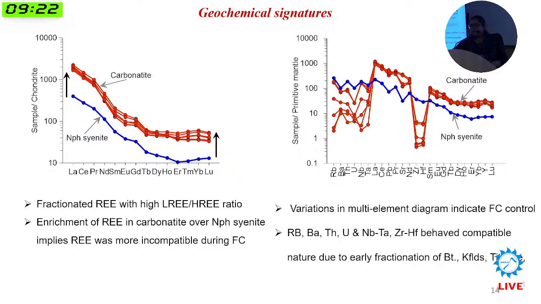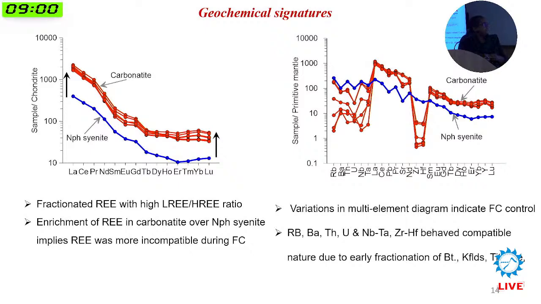In the REE diagram, they show a strongly fractionated trend where LREE is over HREE, and the spider diagram shows spike variations in rubidium, barium, thorium, uranium, niobium, tantalum, and a very tight clustering for the HREE.